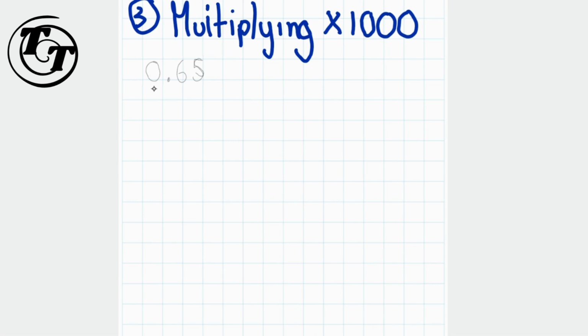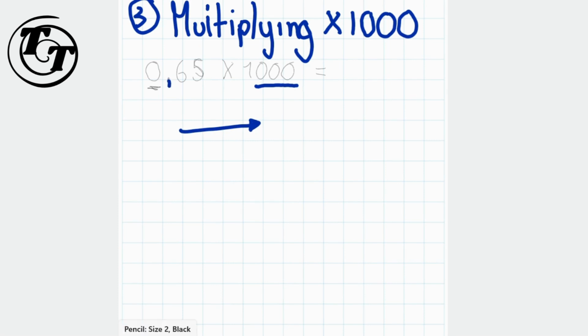Let's see what happens when we multiply by 1000. Let's see this number. We don't name the zero, we just name the decimals. So we say it is 65 hundredths. And we are multiplying by 1000. So when multiplying, we go to the right, and this time we move 3 spaces.